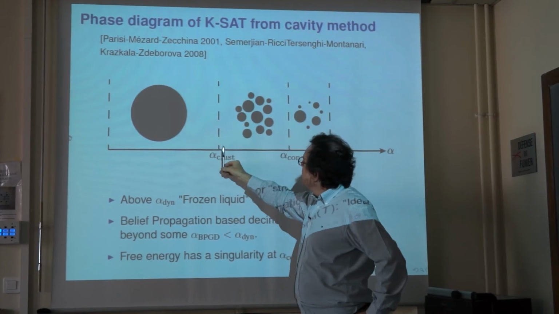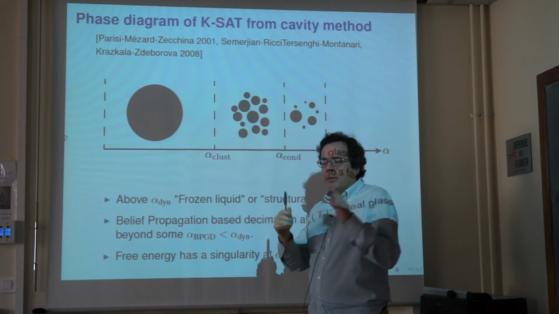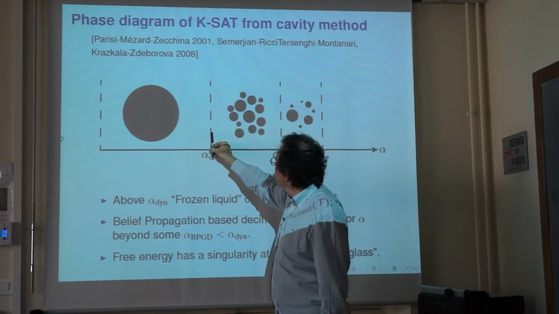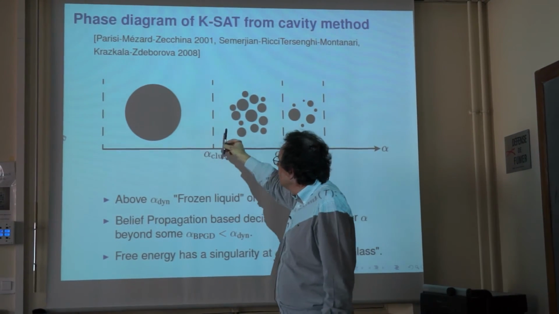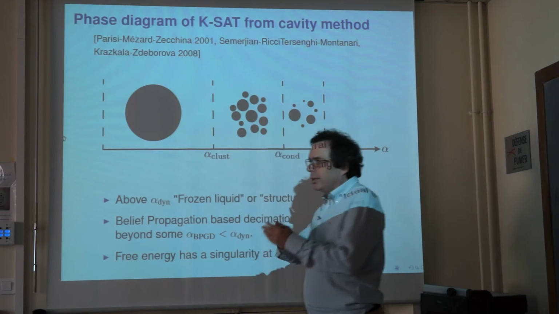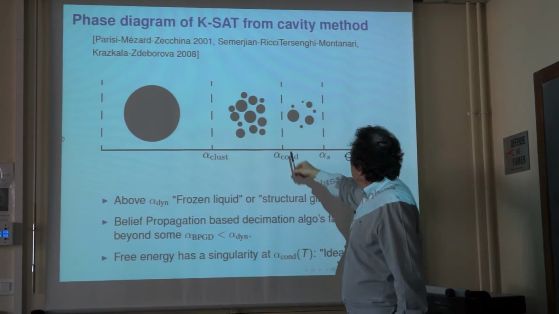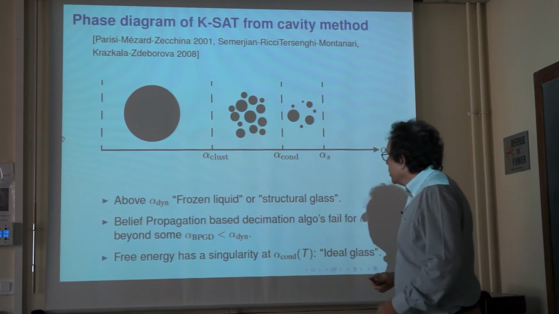So you have some dynamic, it's not clear in this case if it's an algorithmic threshold or what, but some kind that we call dynamic or clustering threshold where the solutions shatter in groups.